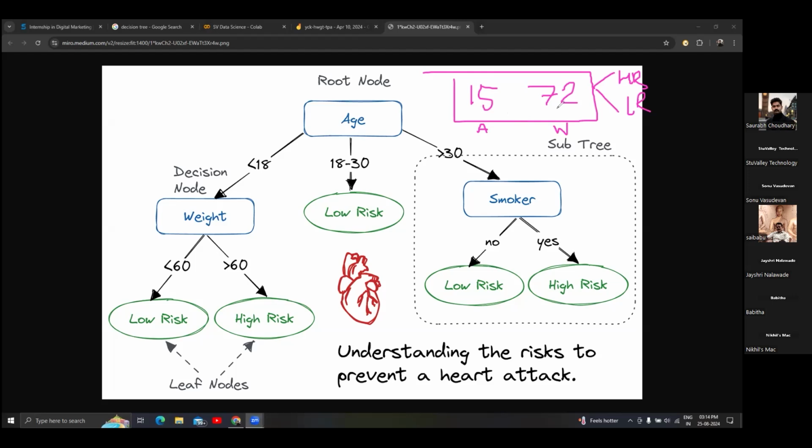High risk, yeah, correct. High risk because if you follow this, it will go from here. Less weight is high risk. So you are reaching here. Correct.